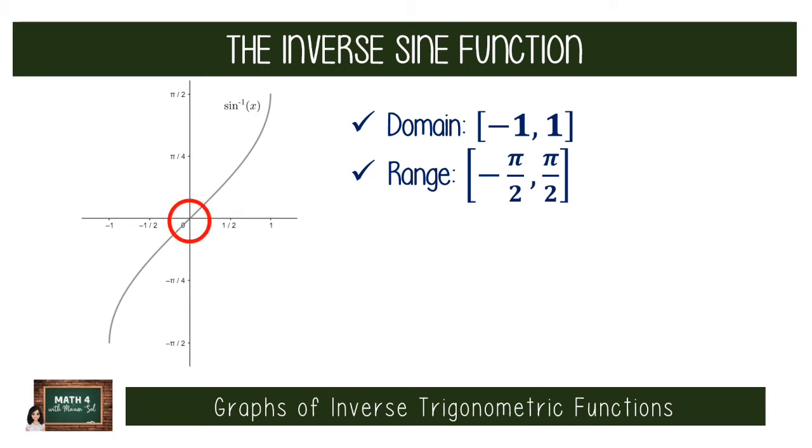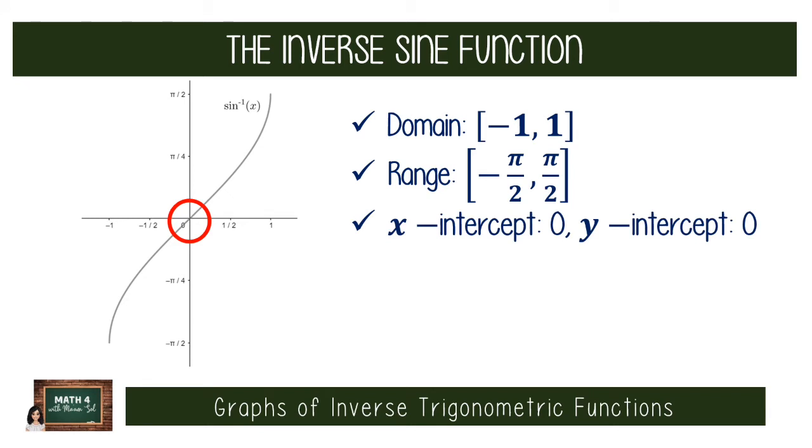Looking at where it intersects both the x-axis and the y-axis, we know that the x-intercept is 0 and the y-intercept is also 0. We see that the graph is increasing and has no holes, gaps, nor breaks in it. Thus, it is continuous. It is also an odd function. Thus, it is symmetric along the origin.